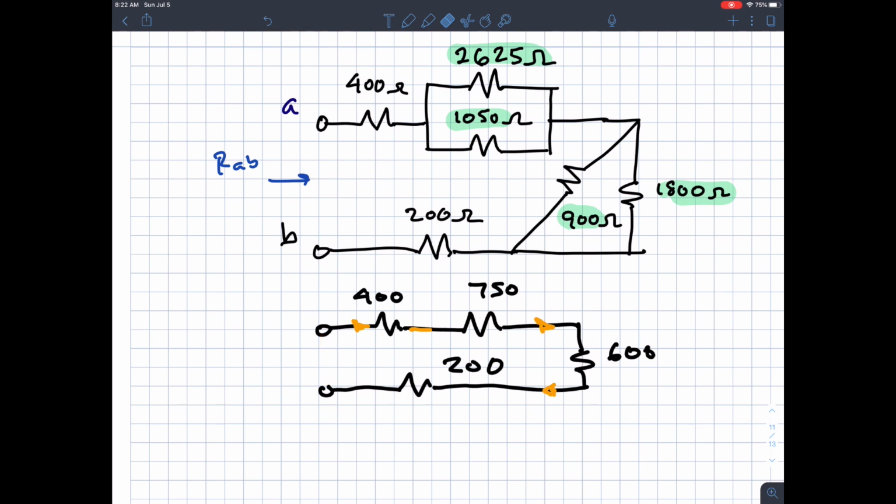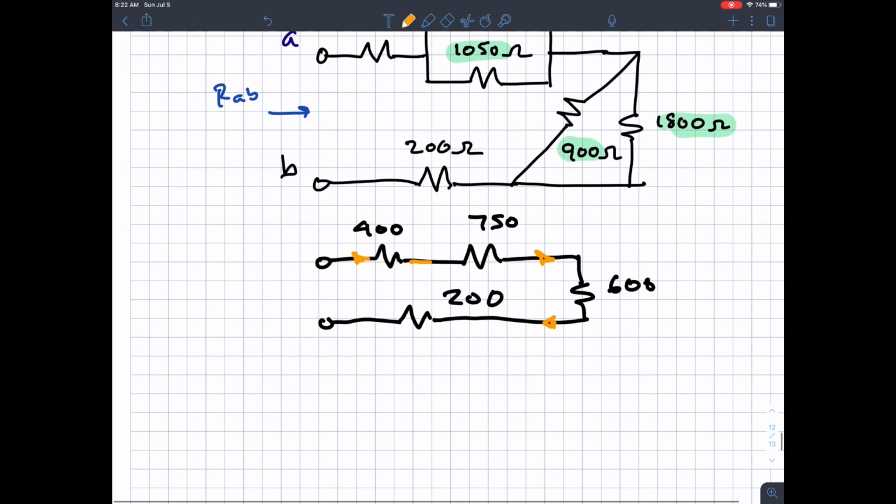Because it's the same current flowing through them, those elements are in series. So RAB in this case is going to be the 400 plus the 750 plus the 600 plus the 200. I add all those together and get 1950 for the equivalent resistance.